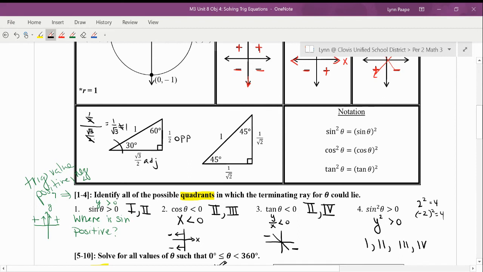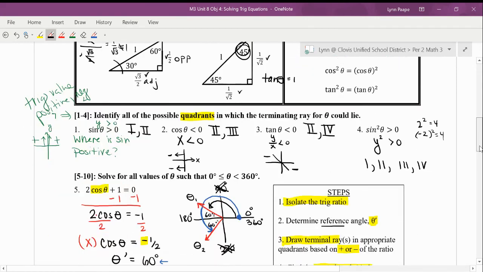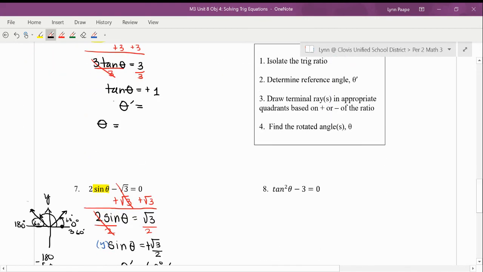So in order for a fraction to equal 1, the numerator and the denominator has to be the same. Well, 1/2 and root 3 over 2 are not the same, but 1 over root 2 and 1 over root 2 is. So that means that tangent is going to equal 1 always on a 45 degree. So then that means my reference angle is going to be 45 degrees.